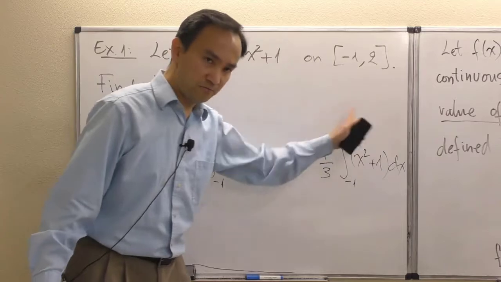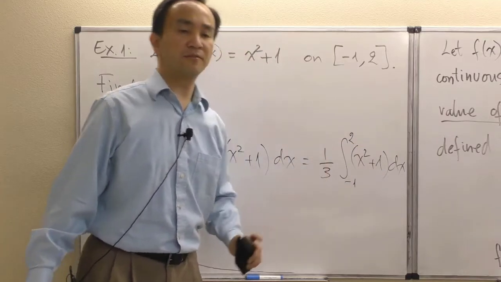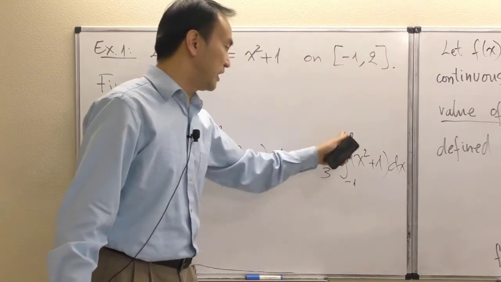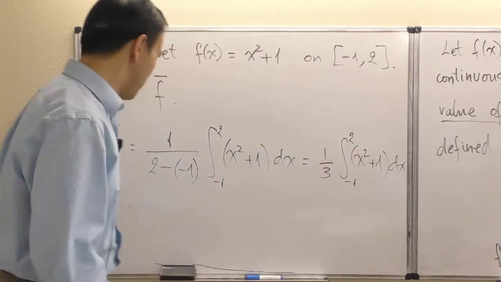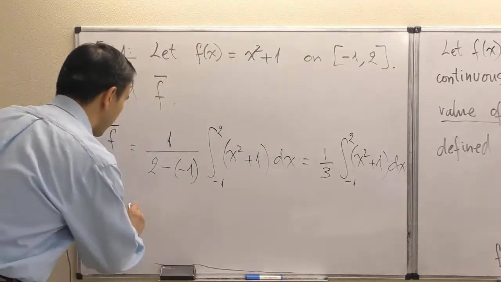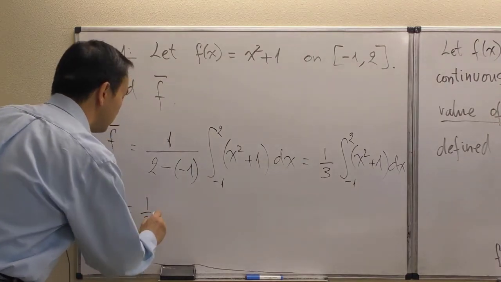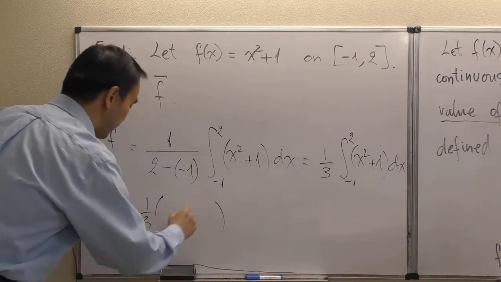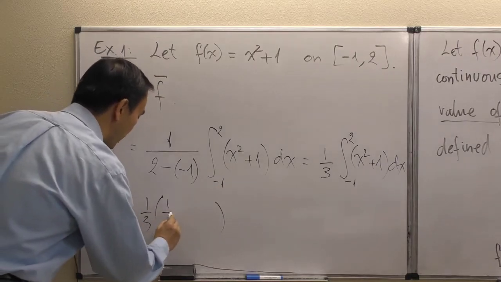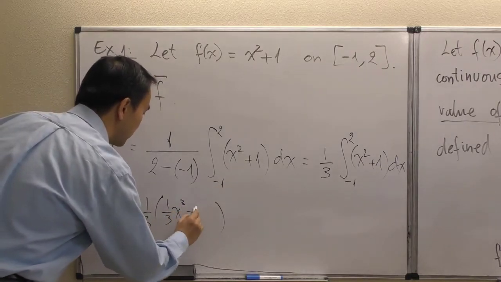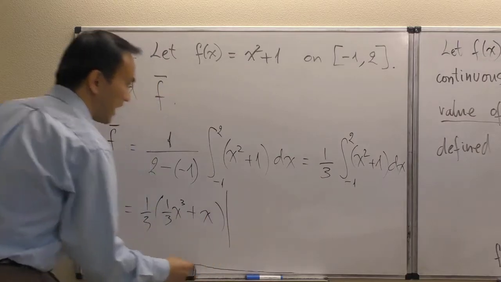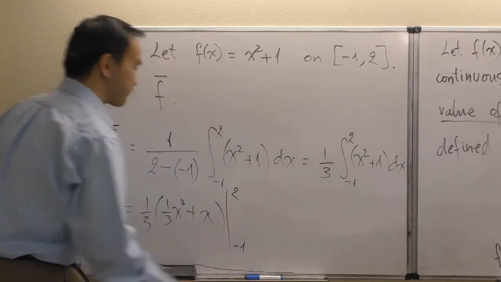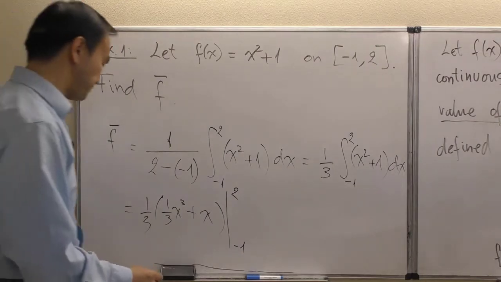Now we're going to use the fundamental theorem of calculus, the second part, to evaluate this definite integral. So I'm looking at 1/3 multiplied with the antiderivative of x squared plus 1, which is 1/3 x cubed plus x. And now I'm going to evaluate all of that from -1 to 2.